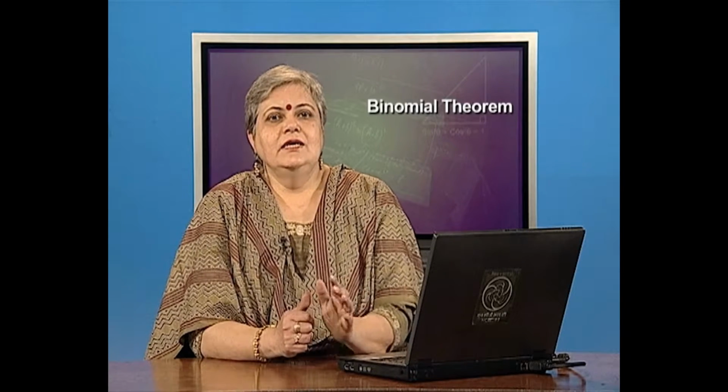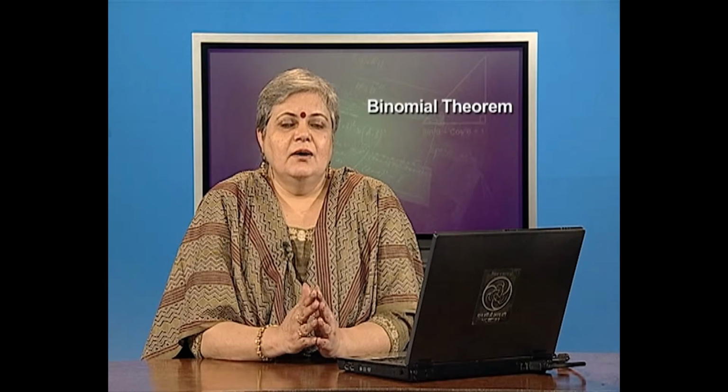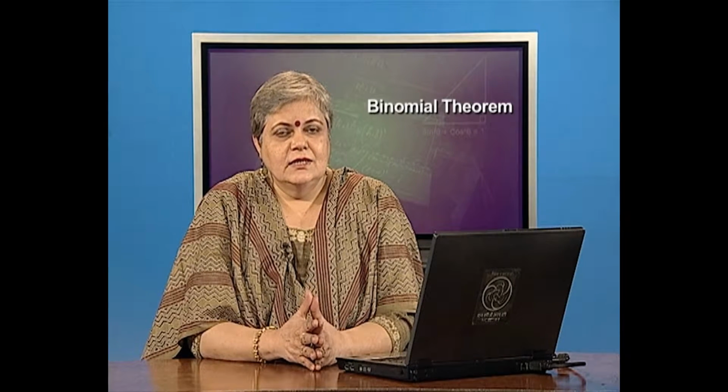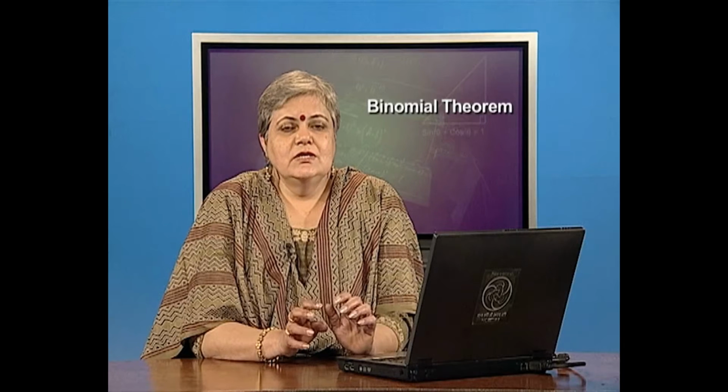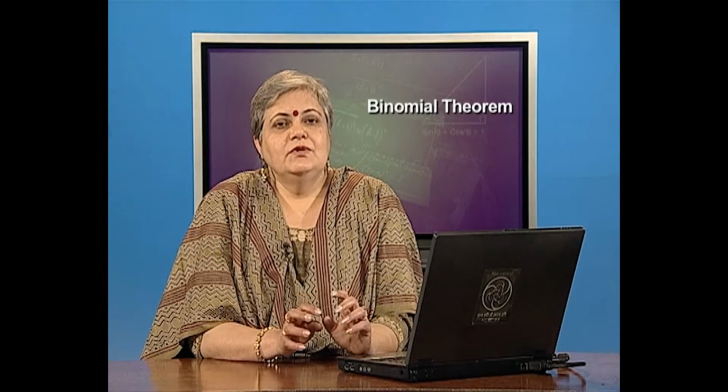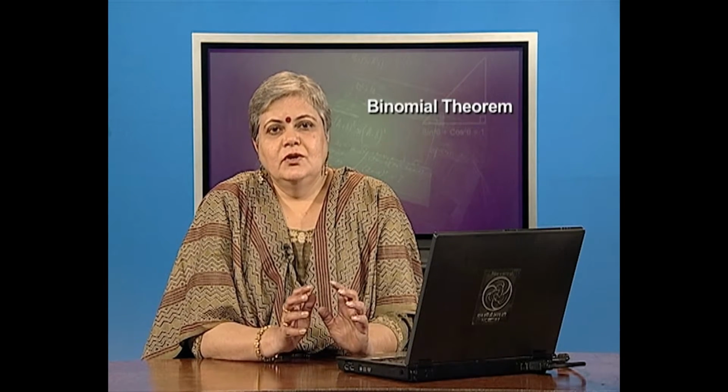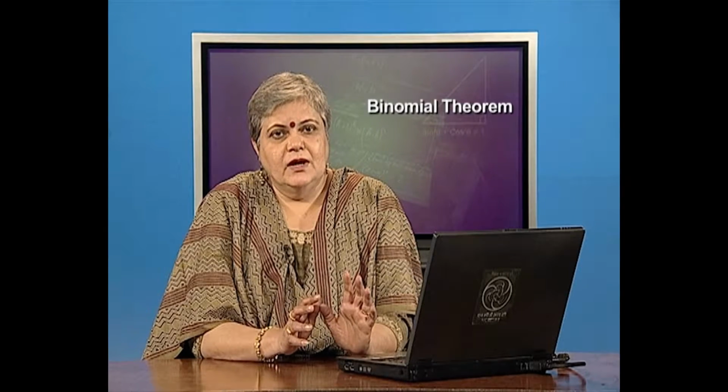Now, the advantage or something special about 1 plus x to the power n is that its general term T(r plus 1) looks like nCr x to the power r. That means the binomial coefficient of T(r plus 1), which is nCr, is also the coefficient of x to the power r. So, there is no other constant number contributing to the numerical coefficient of x to the power r.